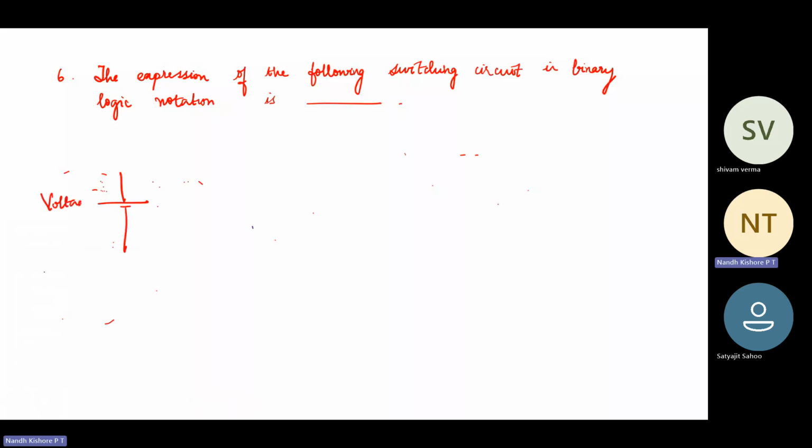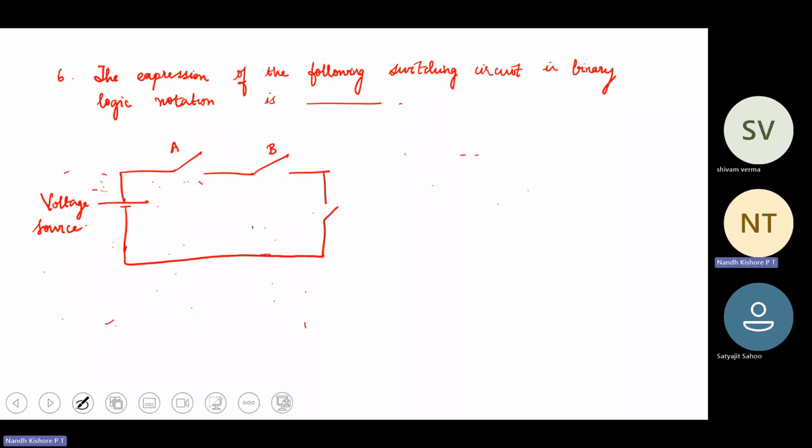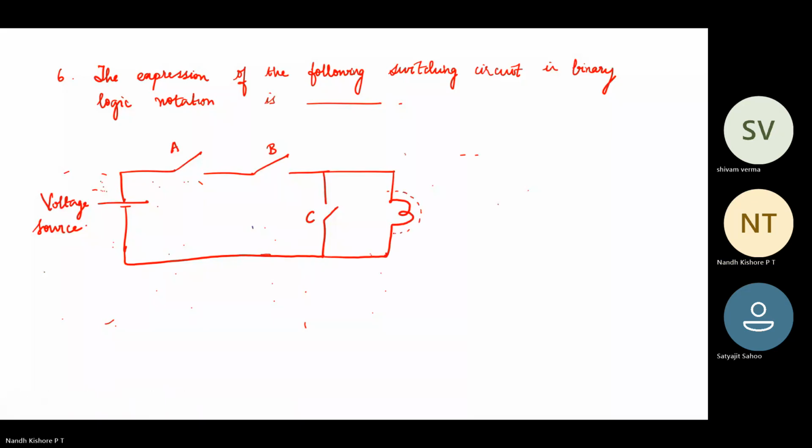So you have a voltage source over here, right? You have two switches in series. Let's call this switch A and this is B. And you have the output C, and there is a bulb that is connected across it. So what is a switching logic notation?